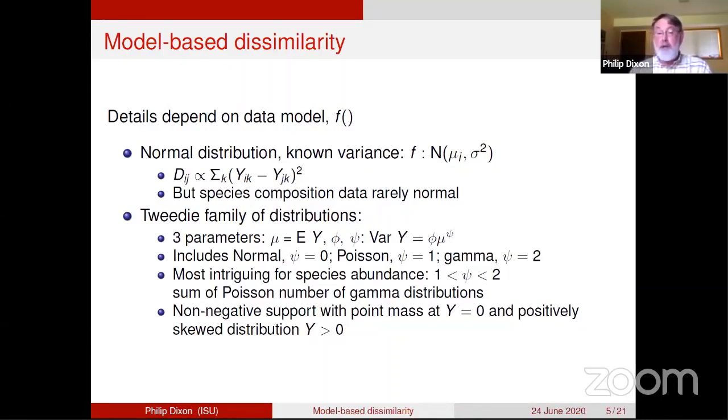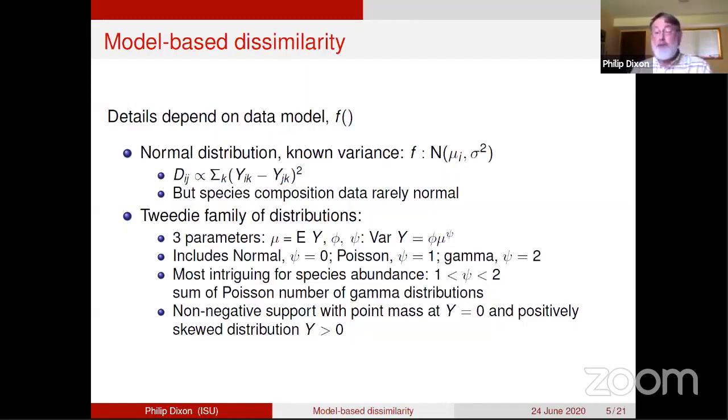And the most intriguing collection of distributions for species abundance data are those where the power, psi, ranges between 1 and 2. In that range, the Tweedie is the sum of a Poisson number of gamma distributions.